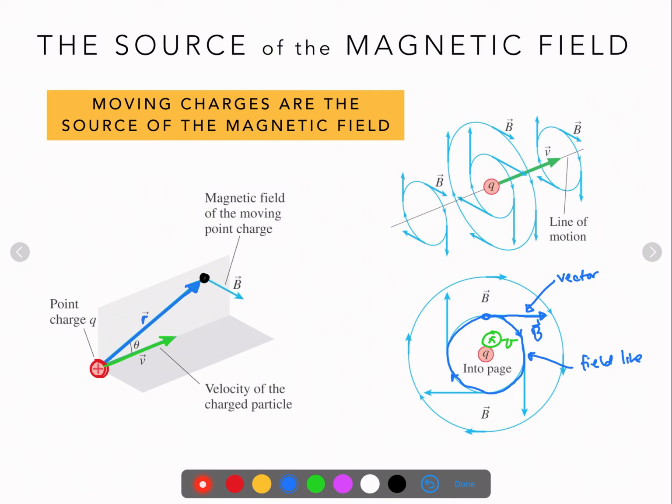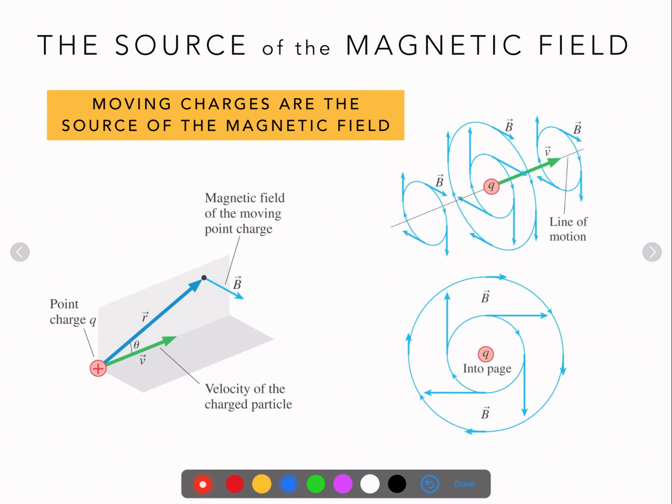That is still called R. Just like before, when we had an electric field, we had a charge, and we picked a distance between the charge and where we cared about the field, and we called that R. So here's R. We know the magnetic field, in this case, points sort of out of the page, because it has to be perpendicular to the direction of motion. In order to get this, you have to figure out what plane is formed by V and R, and then your magnetic field is going to be perpendicular to that plane. Everything is perpendicular to everything else, essentially.